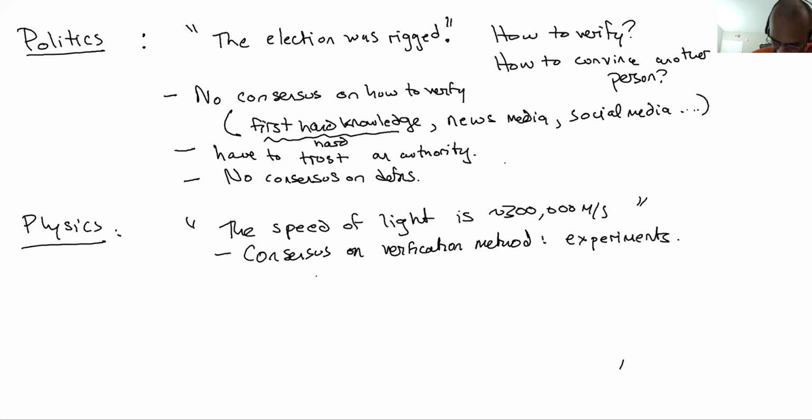There's a generally agreed upon notion of what an experiment is, although it's not 100% agreed upon. There is controversy about experiments. But you know, there is a mechanism by which you can check if such a statement is true. But often, even if you don't conduct the experiment yourself, you do end up trusting the scientific community, right?